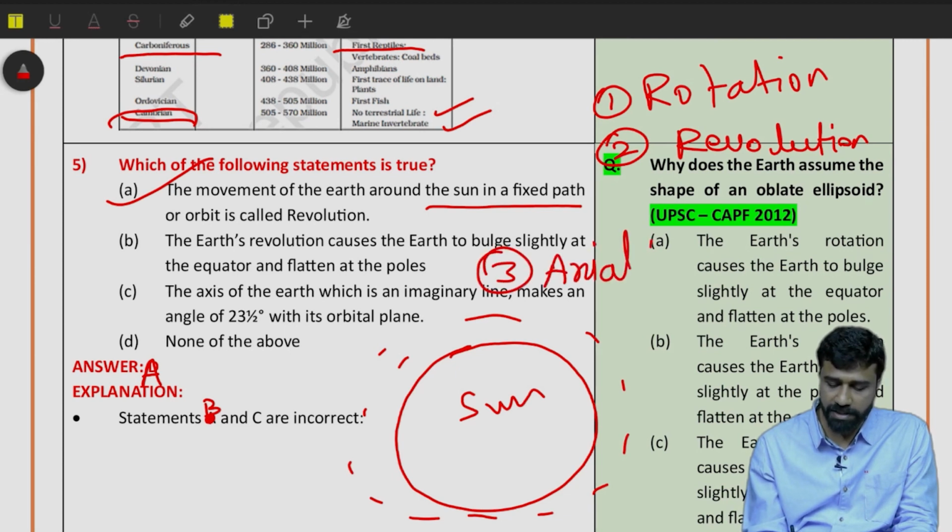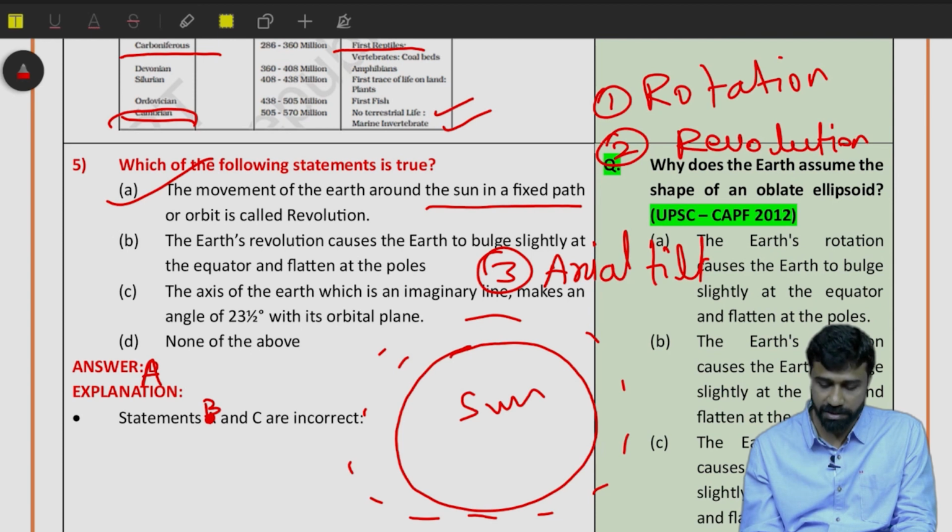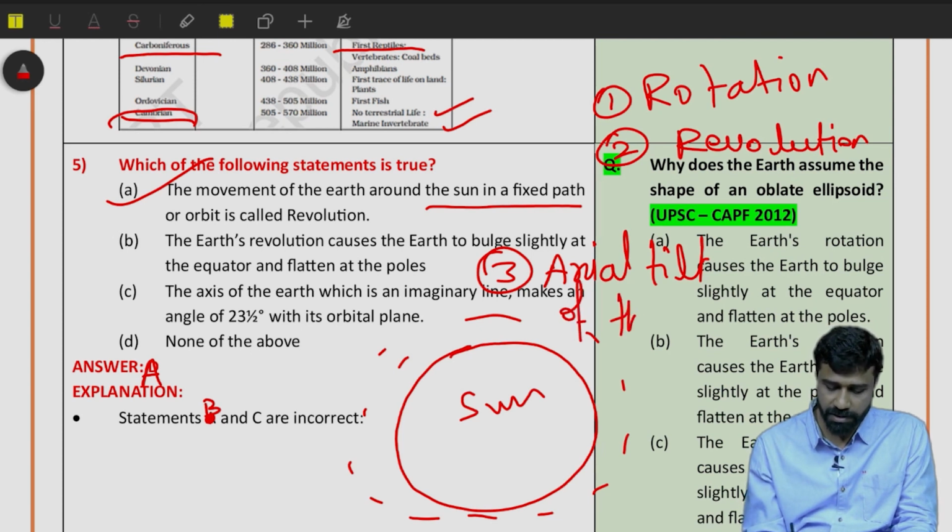If there is no axial tilt of the earth, what will be the consequence? These things you must learn.